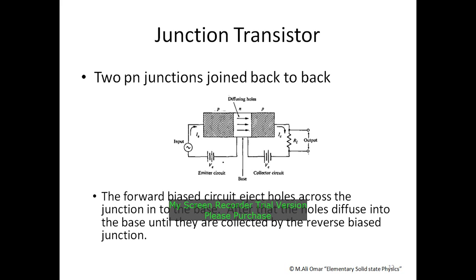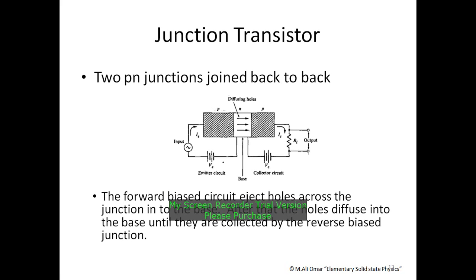So basically what we have now is three regions. The junction on the left is forward biased and the junction on the right is reverse biased. The forward biased junction is the emitter electrode, while the reverse biased junction is the collector electrode, and the N region in the middle is called the base.